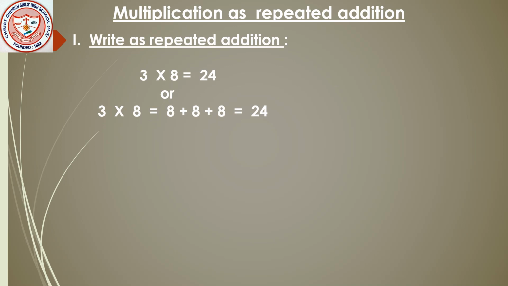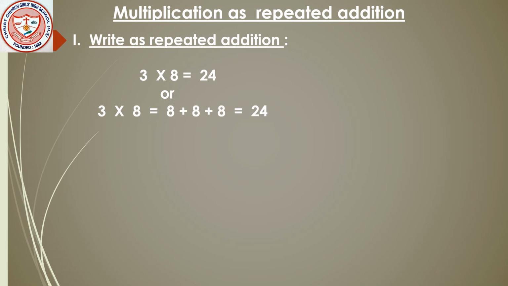It means 8 plus 8 plus 8 is equal to 24. So, 3 into 8 is equal to 3 eights, and 3 eights means 8 plus 8 plus 8.